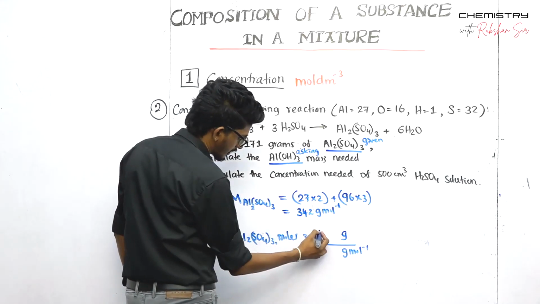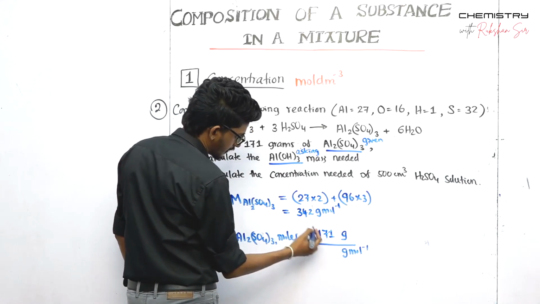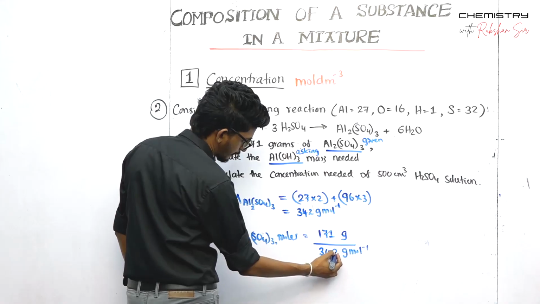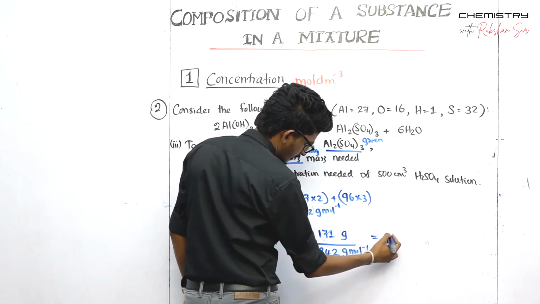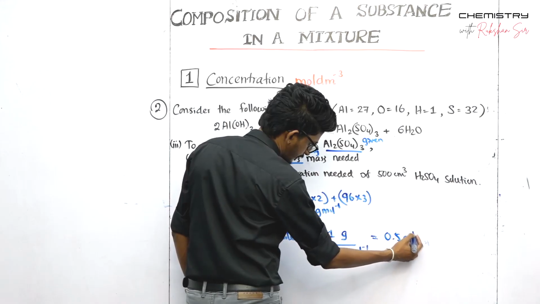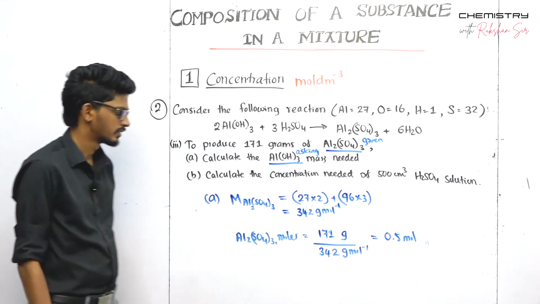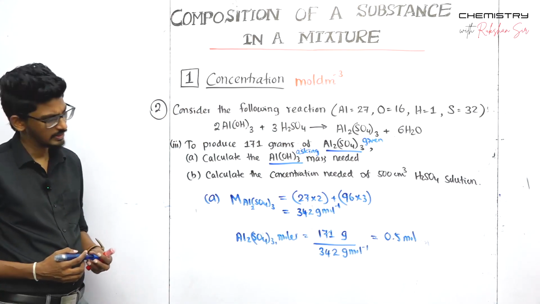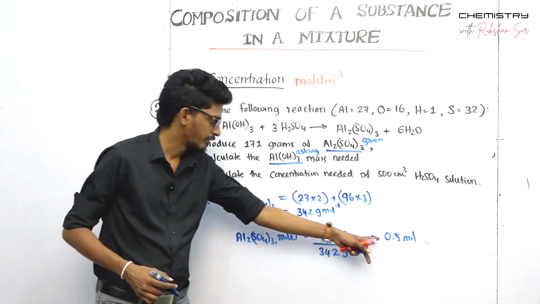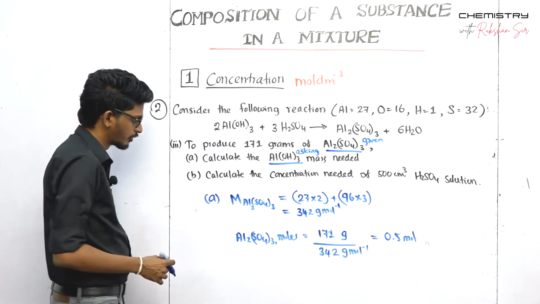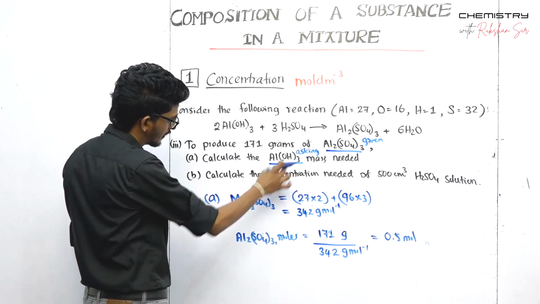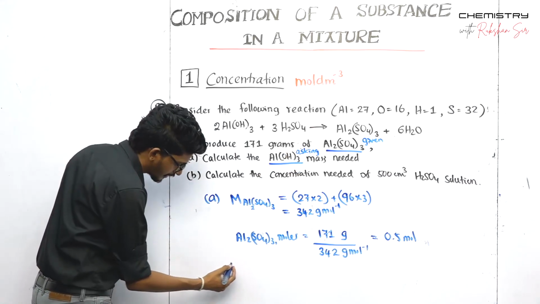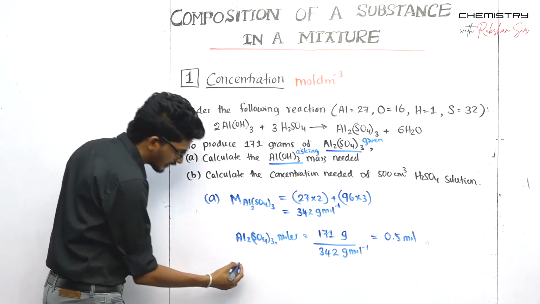So the g value is 171, and the g mole minus 1 value is 342. This will give us 0.5 moles, the half value. So 0.5 moles of Al2(SO4)3 is there. Then we need to come up with the number of moles of Al(OH)3, the asking data.